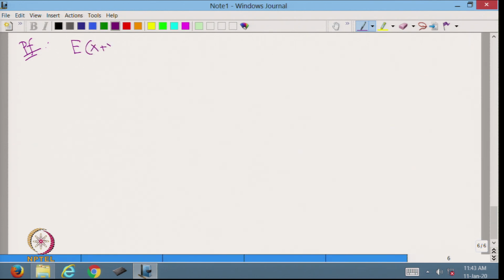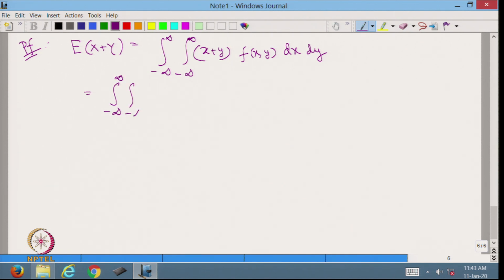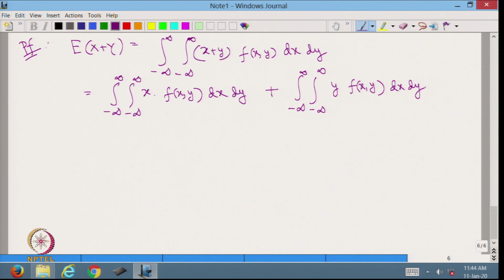Expected value of X plus Y is equal to the integral from minus infinity to infinity of (x plus y) f(x,y) dx dy, which is equal to the integral of x times f(x,y) dx dy plus the integral of y times f(x,y) dx dy.